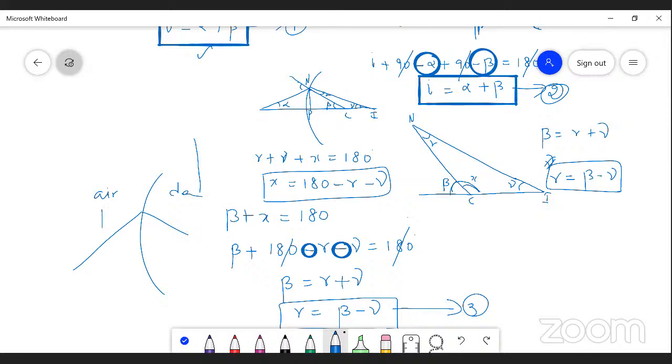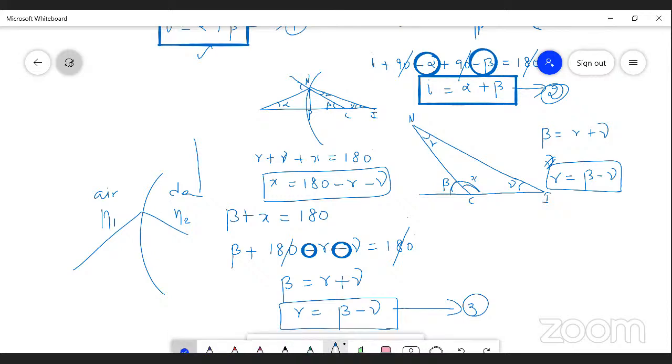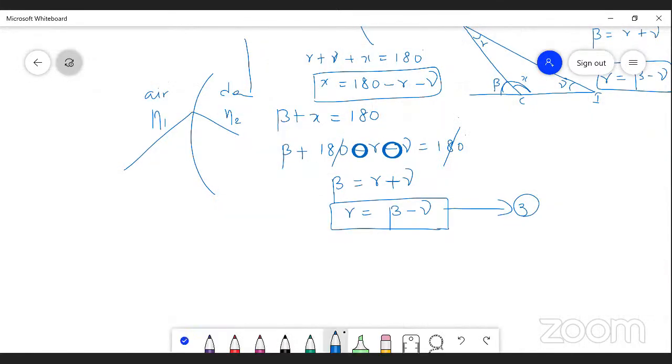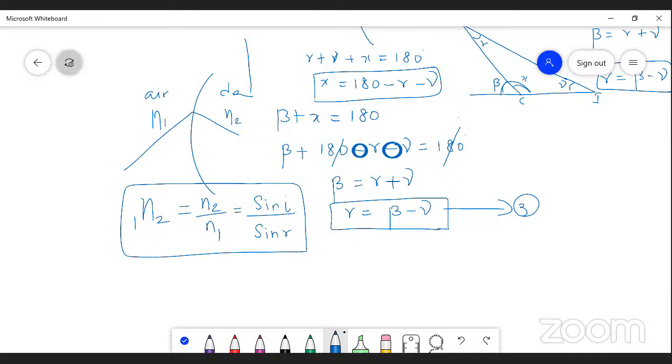The refractive index of the first medium is n1, and of the second medium is n2. According to Snell's law, the second medium with respect to the first medium is n2 divided by n1, which is equal to sin I divided by sin r.